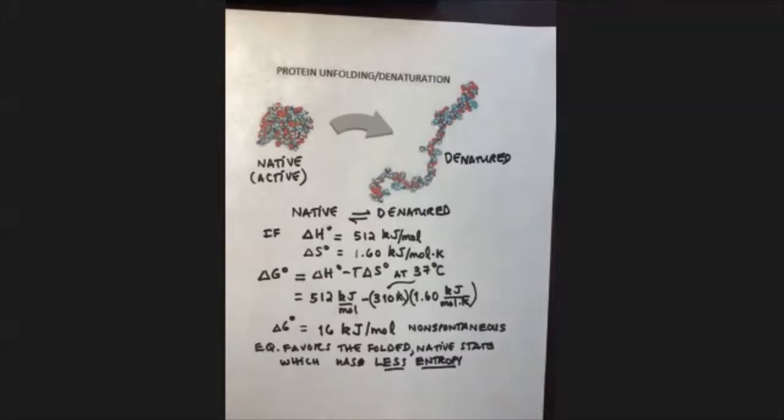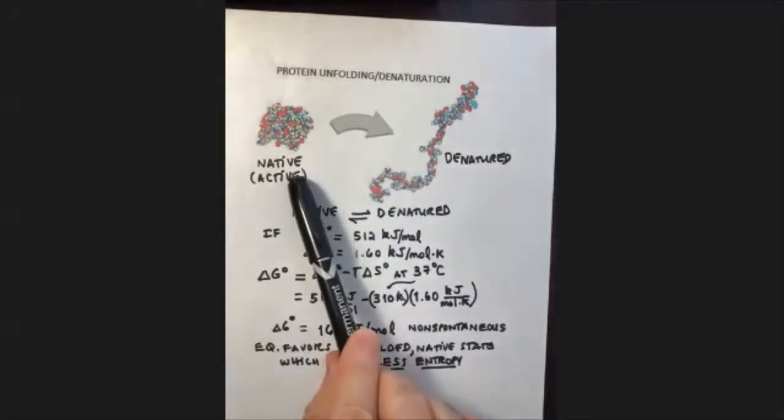Why would that be? Well, it comes back to understanding what the second law says. The second law is about the entropy change of the universe. So we had to consider, yes, being in the native state has less entropy.